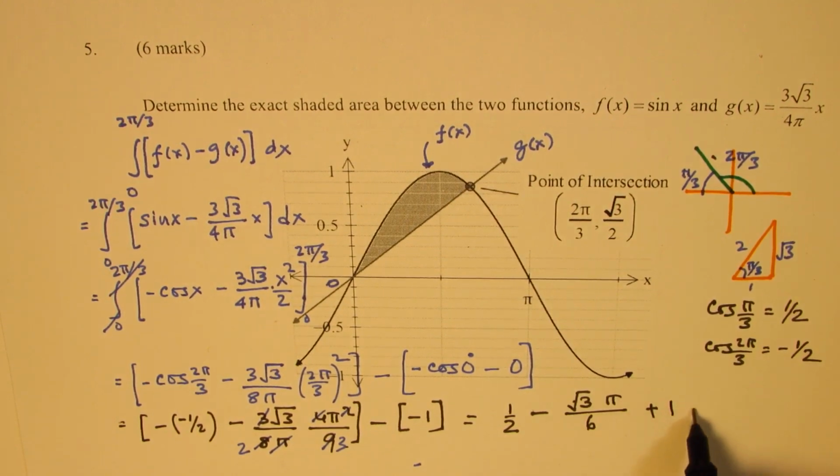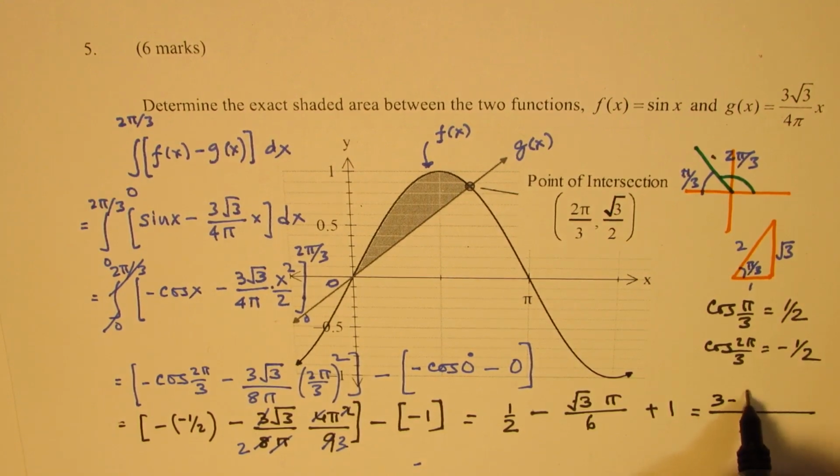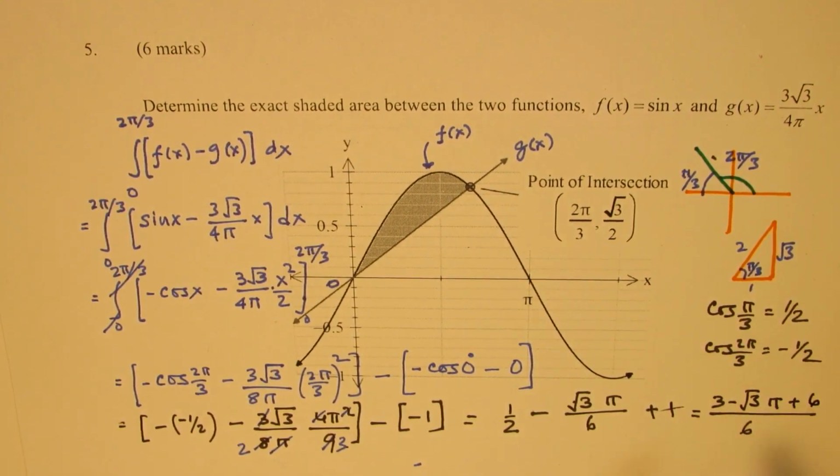So we can now combine these terms, taking 6 as our denominator to write down the answer. So we get 3 minus square root 3 pi plus 6, right? So that is 6 for us. So we have 6 plus 3 is 9.